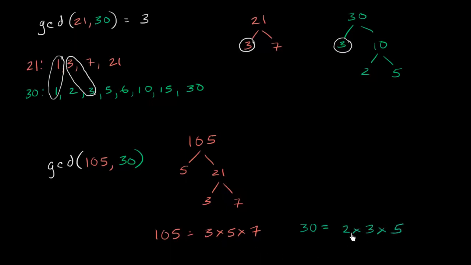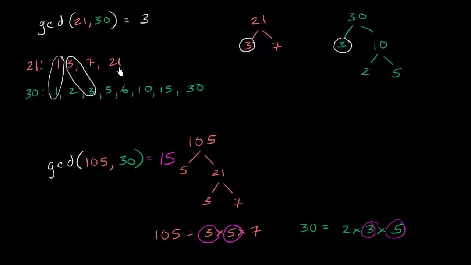So what's the most number of prime factors that they have in common? Well, these two both have a 3, and they both have a 5. So the greatest common factor or greatest common divisor is going to be a product of these two. In this situation, the GCD of 105 and 30 is 3 times 5, which is equal to 15. So you could do it either way.